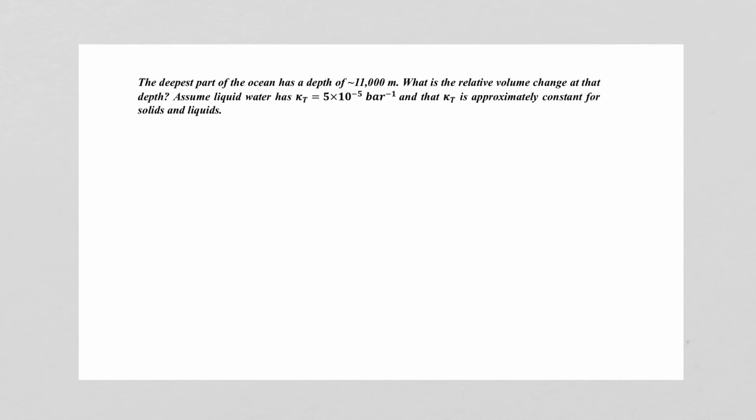All right, so let's dive in. Remember from slide 1 that for relatively small changes, we can use this simplified expression for our relative change in volume. Delta V over V is going to be represented by our compressibility factor multiplied by the change in pressure.